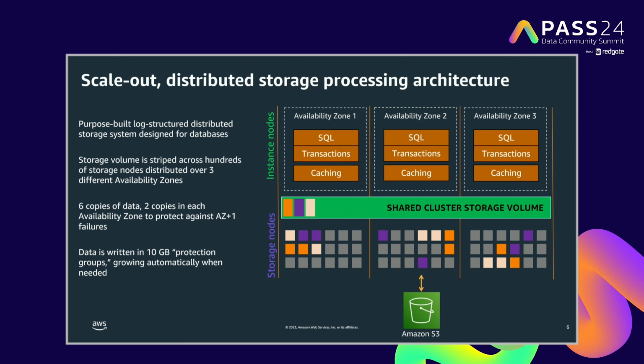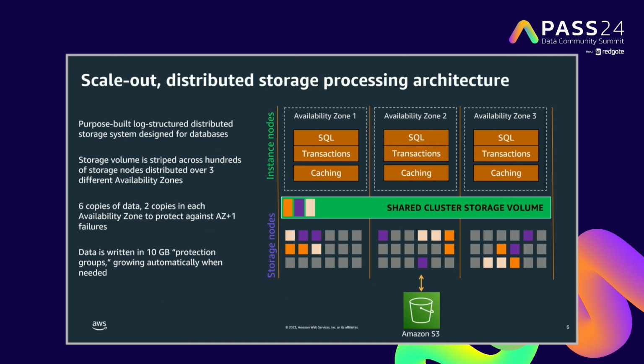When you write, let's say you insert one record, that record goes to 3 availability zones, where it takes 6 copies of each insert and keeps 2 copies in each availability zone. So your data will always be on 3 availability zones with 6 copies.